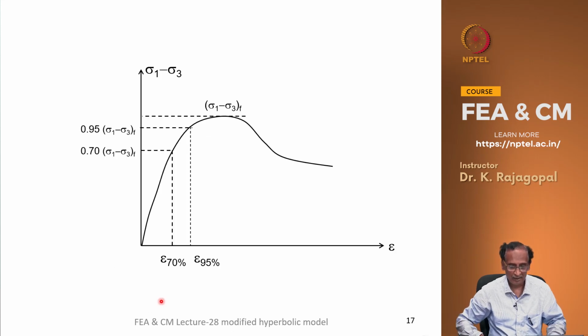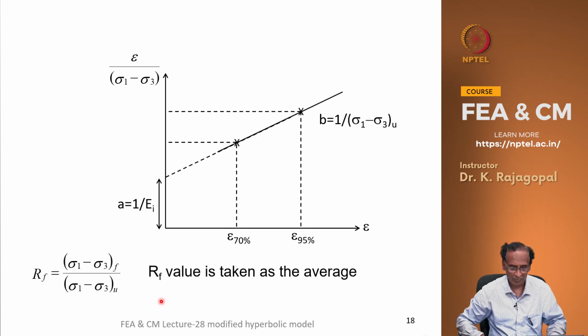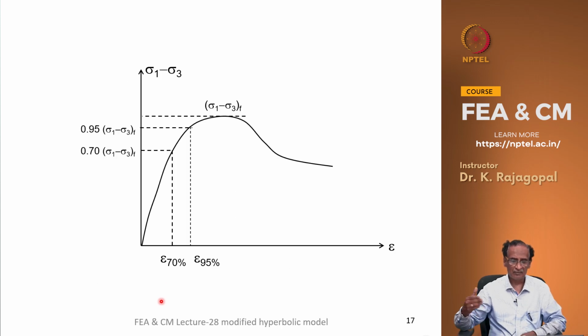Okay. And then for determining our Young's modulus parameters, our Ke, M and Rf, we need 2 data points corresponding to 70% of the peak stress and 95% of the peak stress.